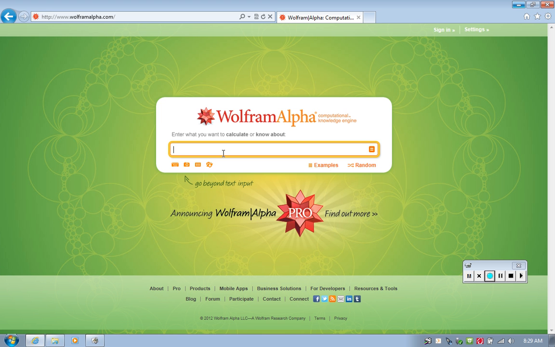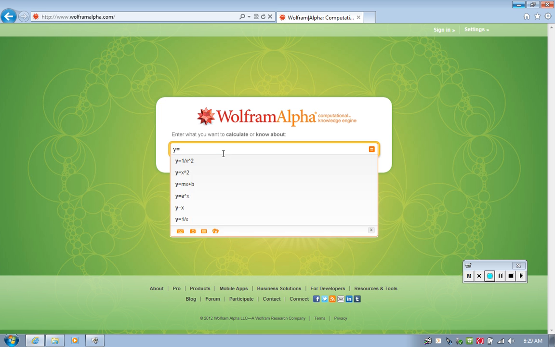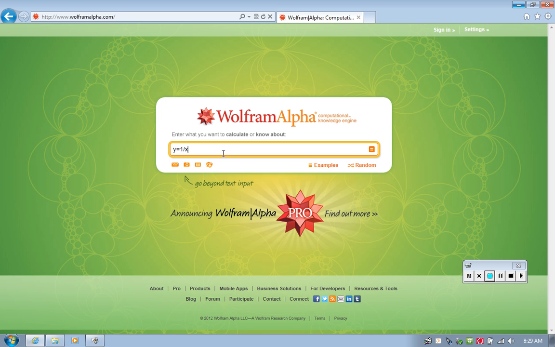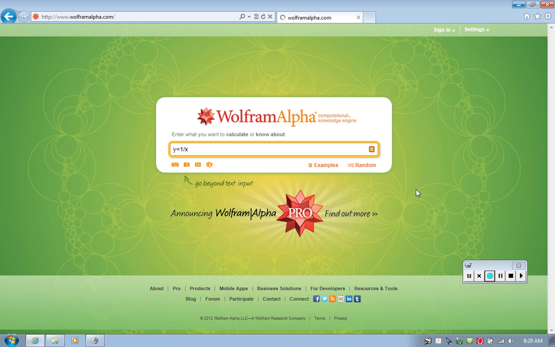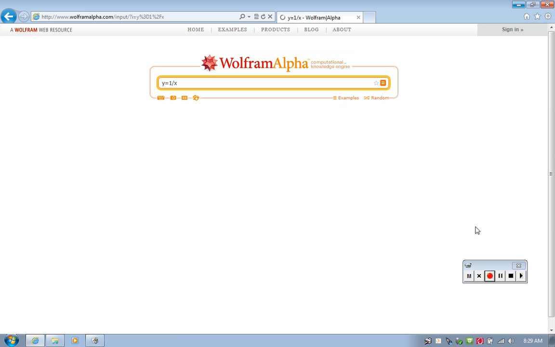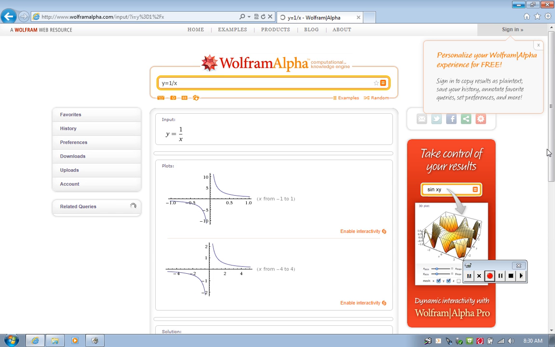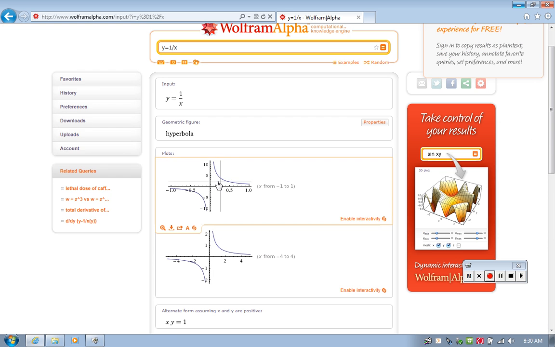I don't have a graphing calculator emulator, so I'll just use Wolfram Alpha, y equals 1 over x, graph it. And here we go. You can see this gives me this nice little crosshairs. If I put it here, I can tell that it's heading towards that vertical asymptote, and it's heading towards that horizontal asymptote.